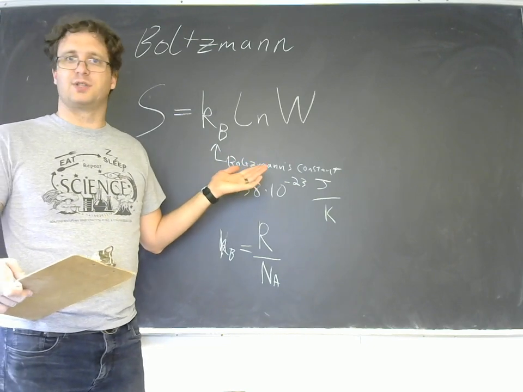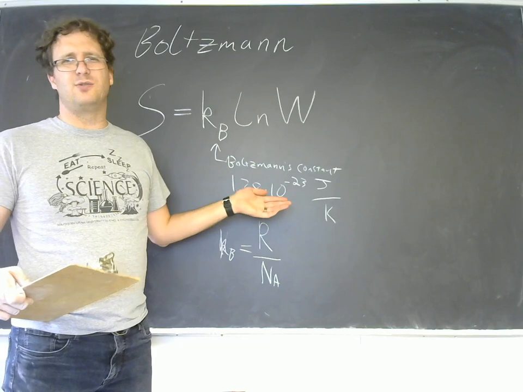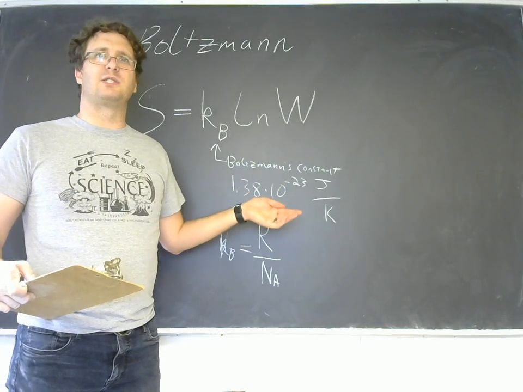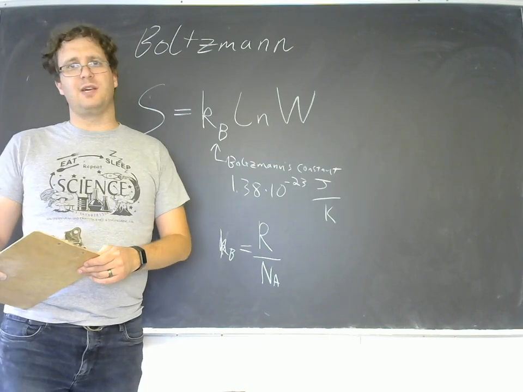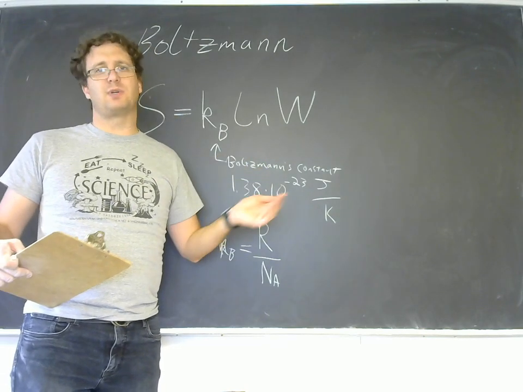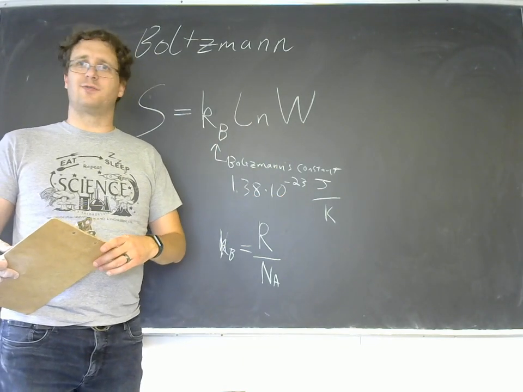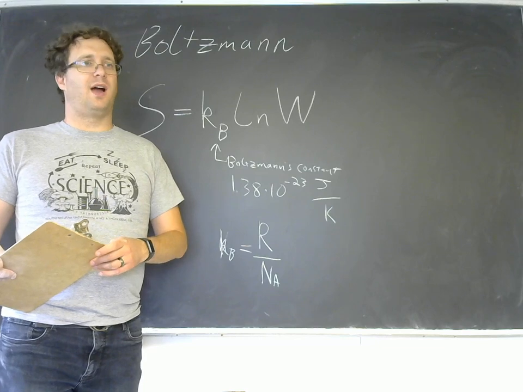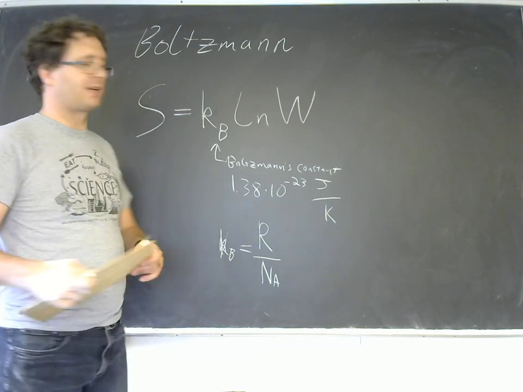Which is pretty interesting. But remember, there's also the other form of R, 0.08206 liter atmospheres per mole Kelvin. That's the R that we use in PV equals nRT to calculate pressures and volumes and temperatures of ideal gases. And I honestly kind of don't get it. Maybe I need to go back and read some original publications by Boltzmann himself.